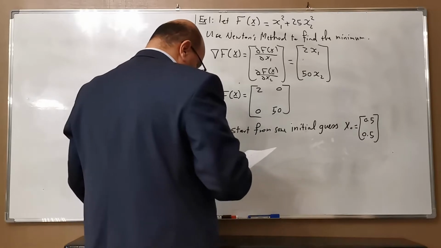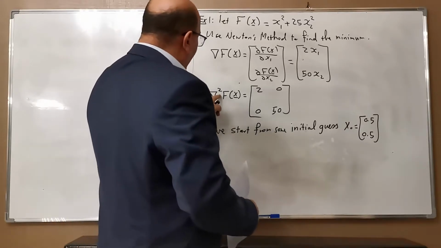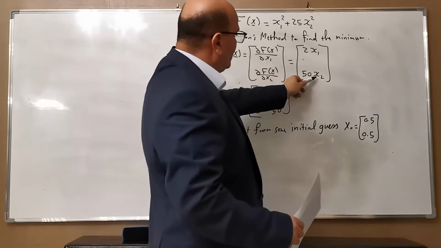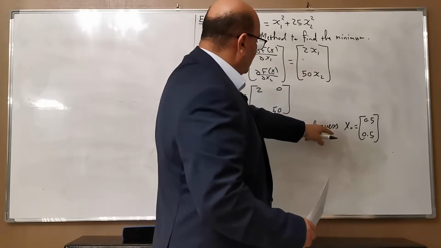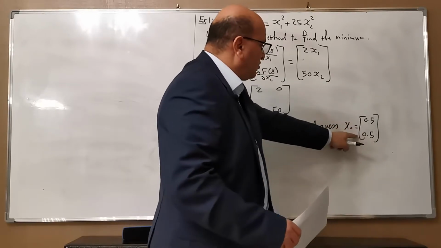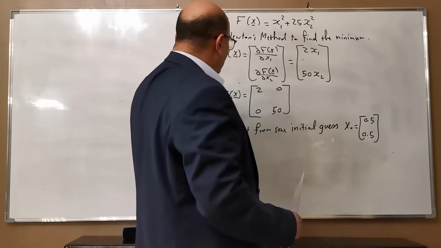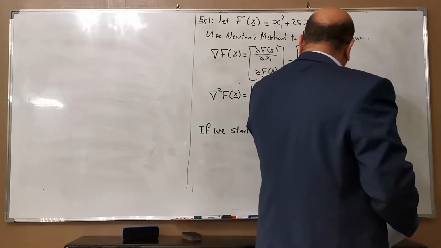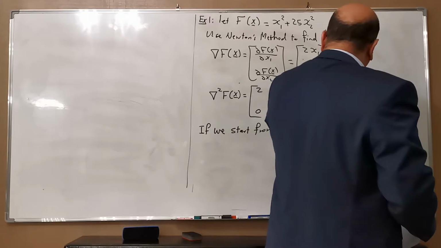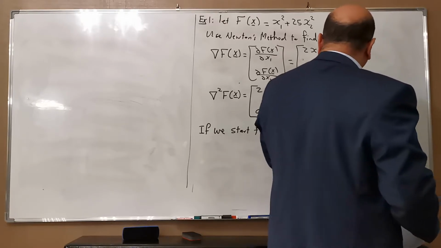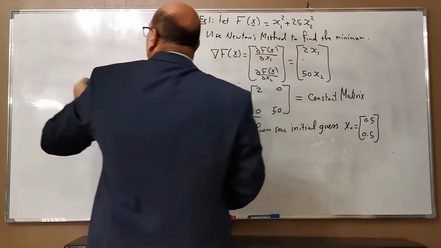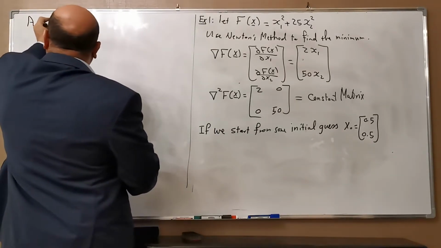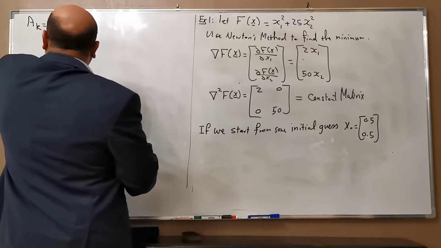Because the Hessian here is a constant value, it will not change with changing the values. I mean, if x changes from 0.5 and 0.5, the Hessian is always a constant matrix. And so A_k is always equal to 2, 0, 0, 50.